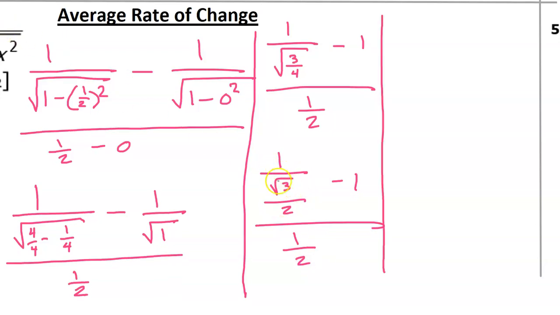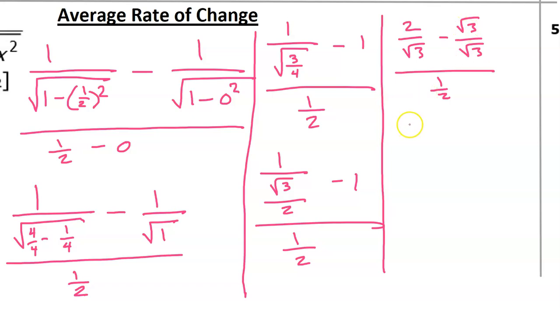When you divide by a fraction, you multiply by the reciprocal. So I'm going to get 2 over radical 3. Instead of writing a 1, I'm going to write radical 3 over radical 3, so I have like denominators. And then I have this 1/2.